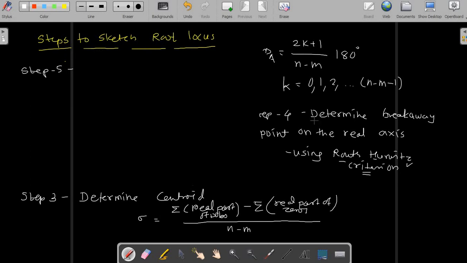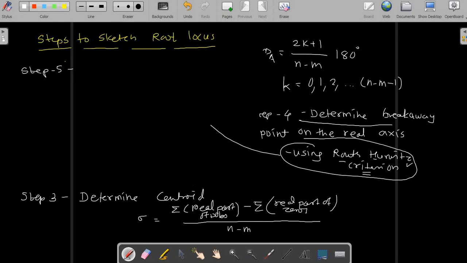I'm sorry, this is not the breakaway point. This is determined by some other method. Routh-Hurwitz criteria is used to determine the point of intersection with the imaginary axis.